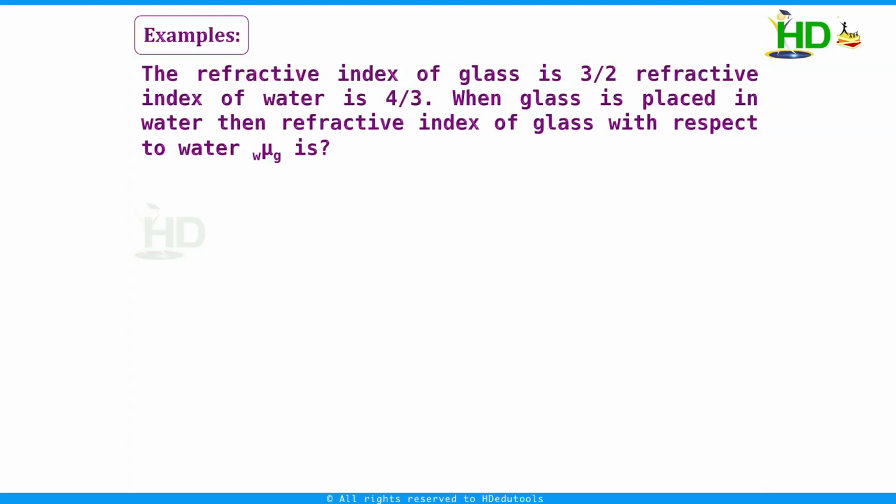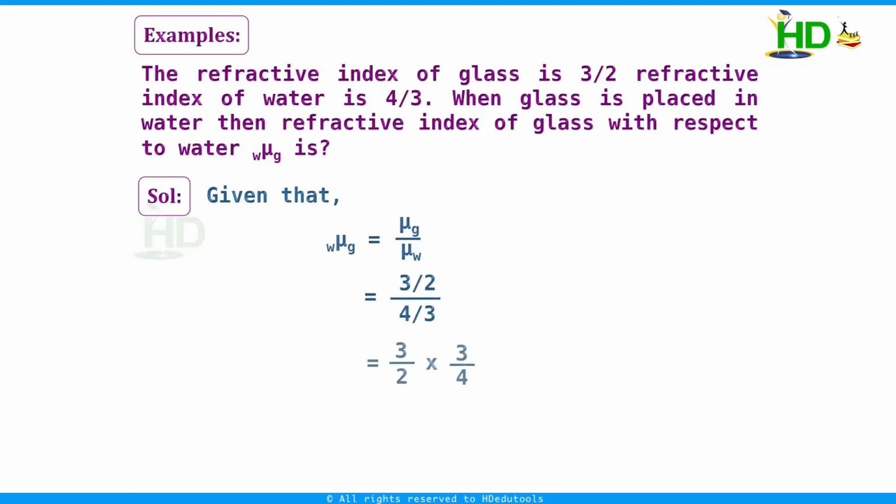The refractive index of water being 4 by 3 means this is the refractive index of water with respect to air or vacuum. Now when glass is placed in water, the refractive index of glass with respect to water, mu g with respect to W, is equal to 3 by 2 divided by 4 by 3. This is equal to 3 by 2 into 3 by 4. We get 9 by 8.